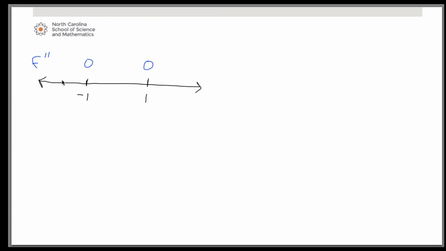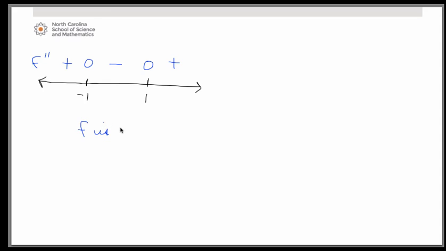If we substitute something less than negative 1, you should come out with a positive answer. If we substitute something in between negative 1 and positive 1, such as 0, you should obtain a negative answer. And selecting something larger than 1 and substituting into the second derivative, you should get a positive. So from this, we can come to our conclusion about the concavity of the original function f.